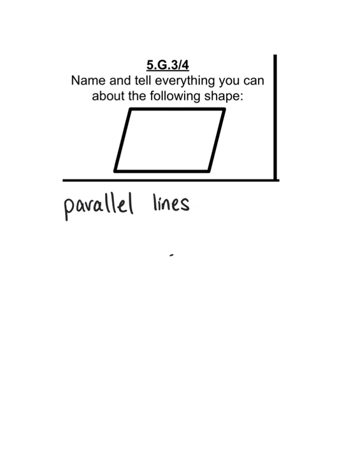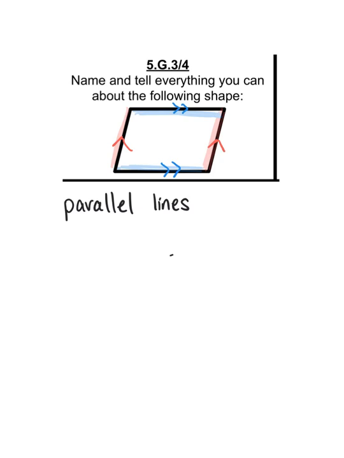I see 2 sets of parallel lines here. Remember, those are the lines that travel the same distance apart from each other and never move towards each other or away from each other. So we have 2 sets of parallel lines here in this shape. And the way that mathematicians mark parallel lines is by using these little arrows here.